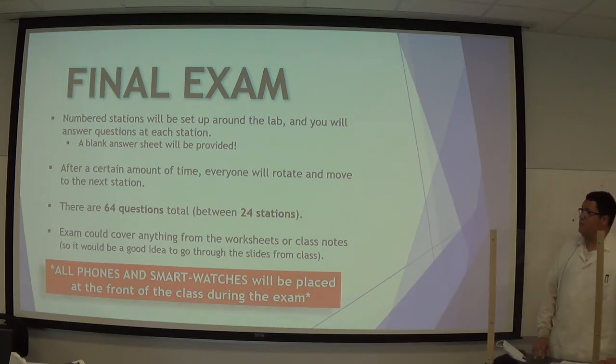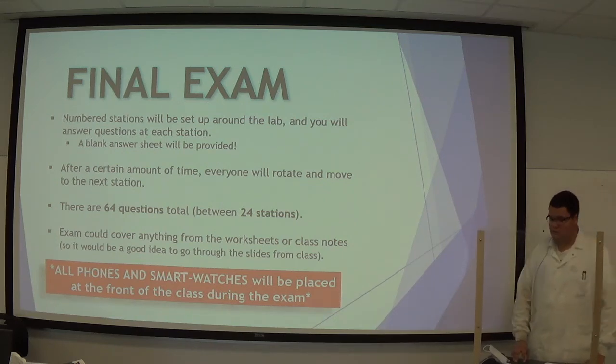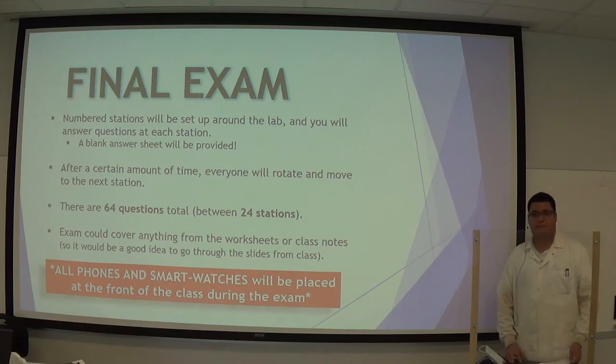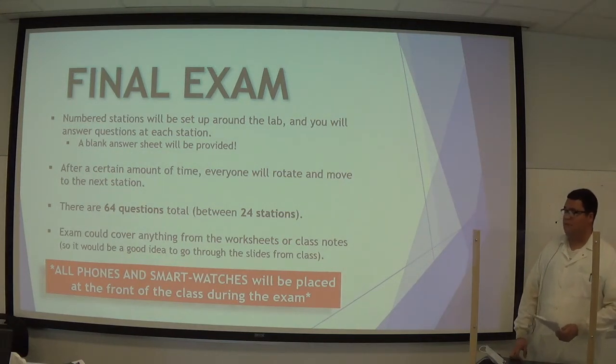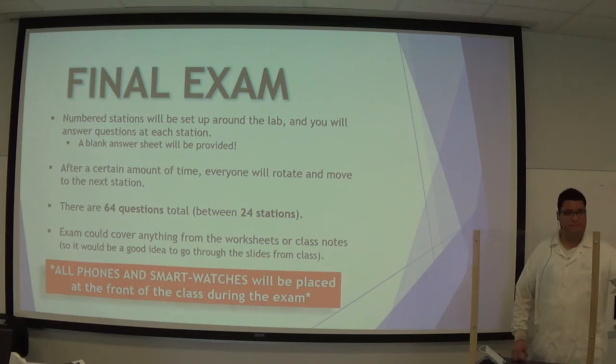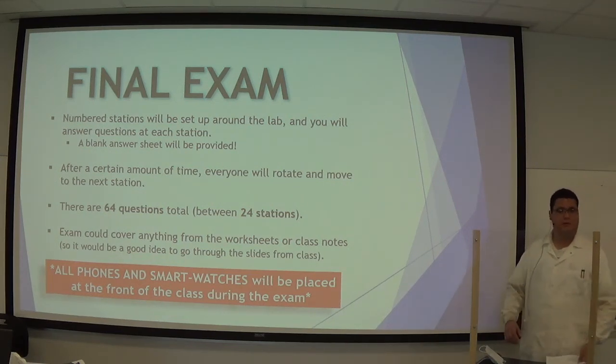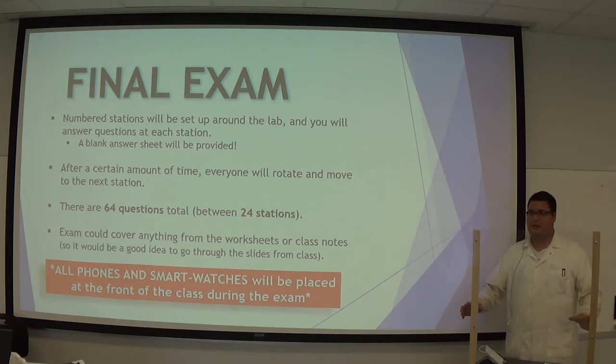So during the practical, for the students that are here in person, for you online students, it's going to be a little different. I'll get into that after this. For the students that are here in person, we're going to label each one of the tables with a certain number, and each one will have a question. There's a map online of how the room is going to be laid out, and you guys are just going to be walking around.